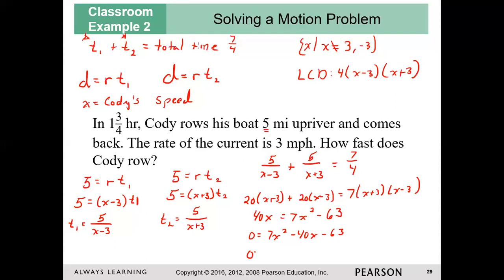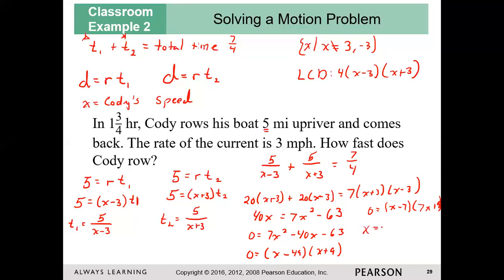So this is going to be 0 is equal to x minus 49, x plus 9, and our A value is 7, so I've got to scale these back down. So 0 is equal to, this is going to be x minus 7 and 7x plus 9. And then I solve these.